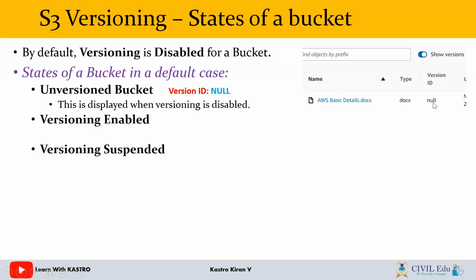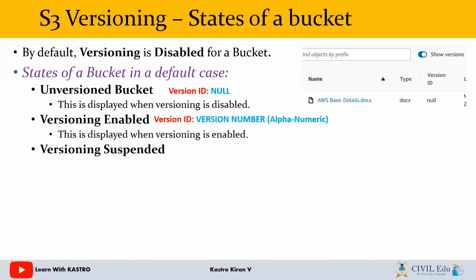Now, after enabling versioning, whenever you upload an object into the S3 bucket, such a bucket is called versioning enabled. So versioning enabled is displayed whenever you enable versioning for a bucket. For every object that you upload into the versioning enabled bucket, there will be a version ID, also called the version number.